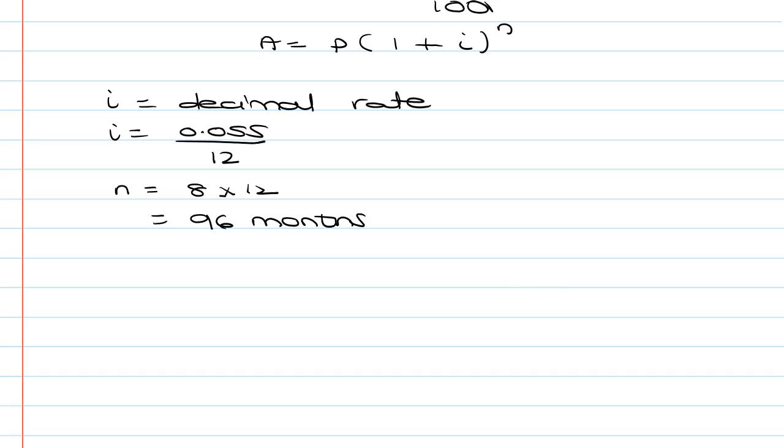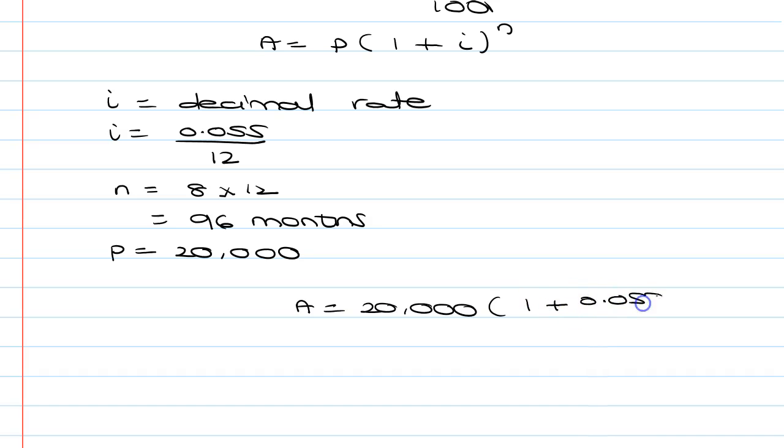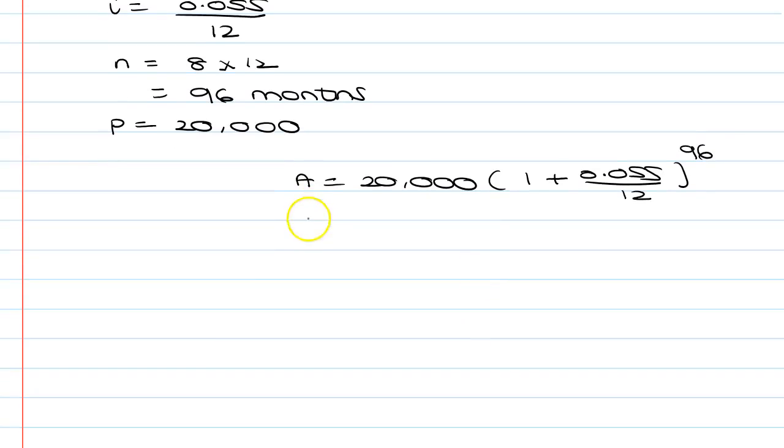So obviously P is our 20,000 that we were initially starting with. So that's our initial investment. Now, once I plug these values into the formula, that will tell me the amount in the account. So 20,000 multiplied by 1 plus 0.055 over 12, all to the power 96. I'm leaving that as is. I'm not working that out because I know it's going to give me a recurring decimal, so I'll just leave it as the exact answer.